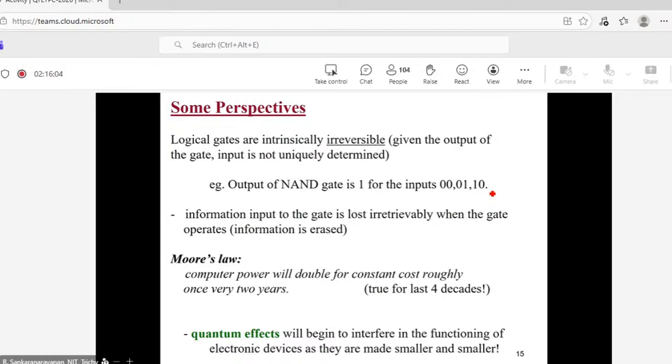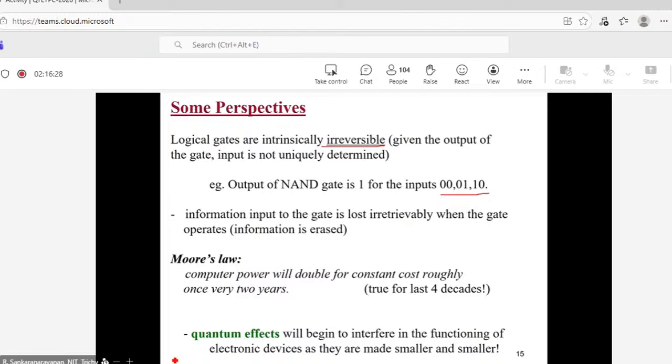Right? Once you have the output, you have no information about the input. So the input is erased once and for all. Such operations we call irreversible operations. Right. So we can keep this in mind. Information is erased once and for all.